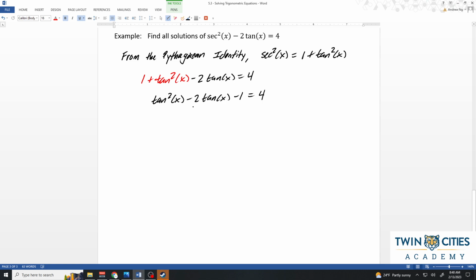And let's bring everything over to one side. So I'll subtract 4 from both sides. Oh, this should actually be a plus 1. Okay, now let's subtract 4. So tangent squared of x minus 2 tangent of x minus 3 equals 0.